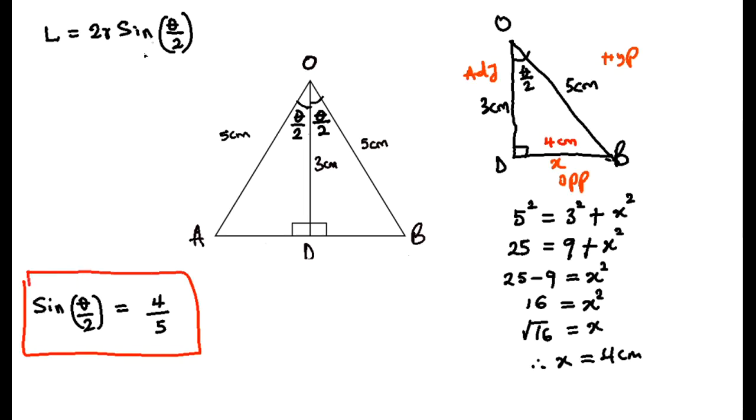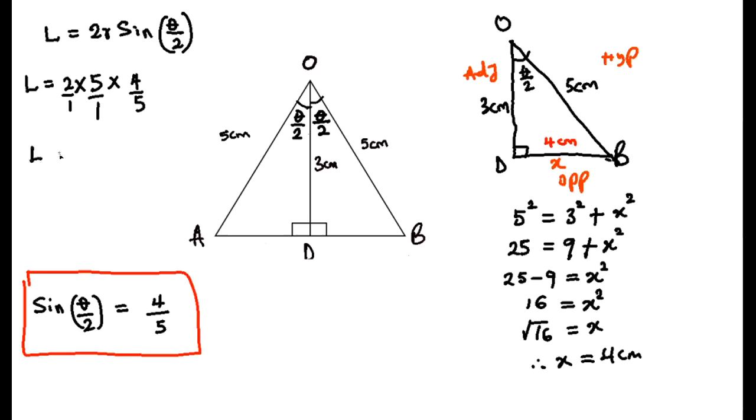So let's now put it in this formula. So L is now equal to 2 times what's our R? R is the radius, which is 5, times sine theta over 2, which is 4 over 5. Yes, 4 over 5, so over 1. I will solve this way because some of you can't divide numerator and denominator at the same time.